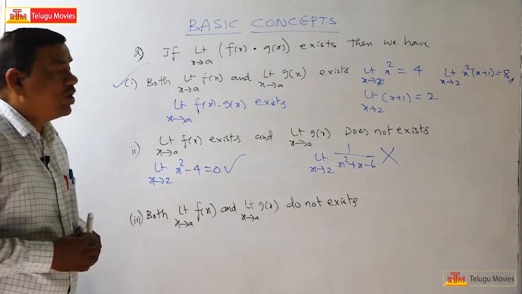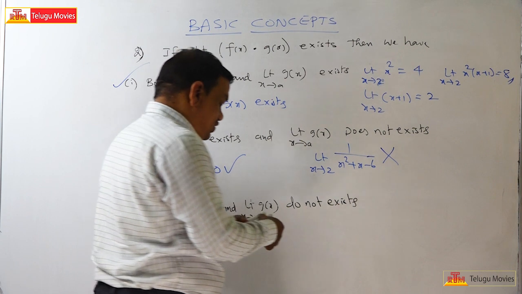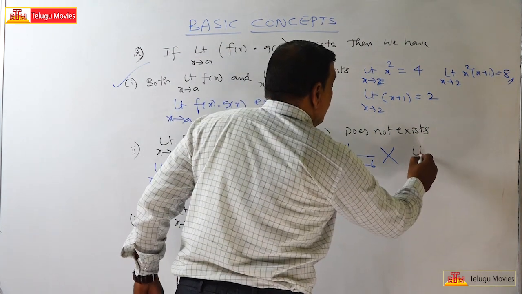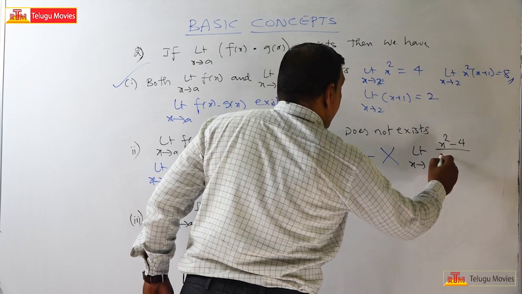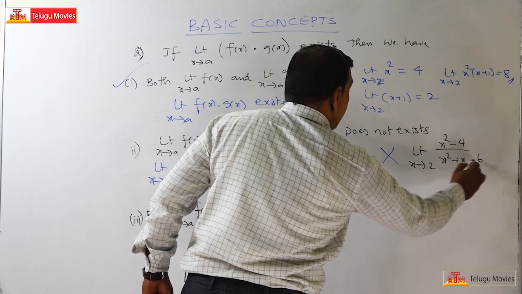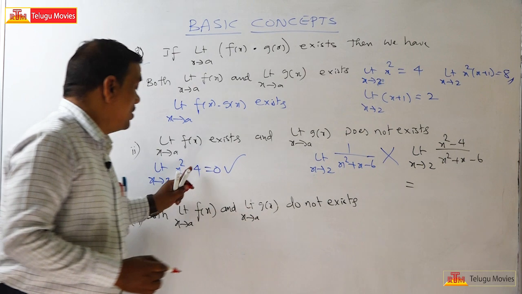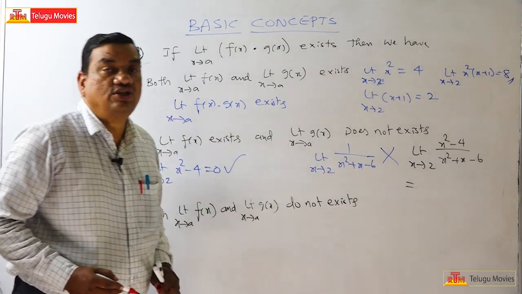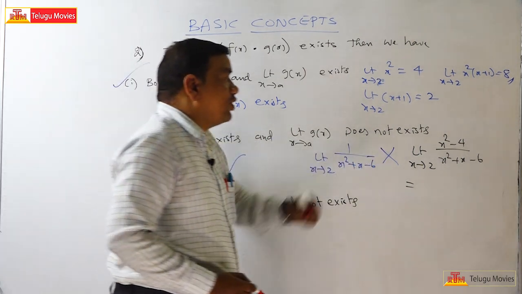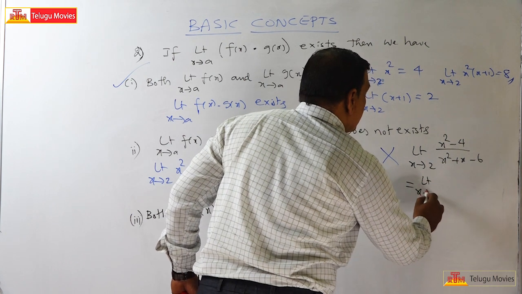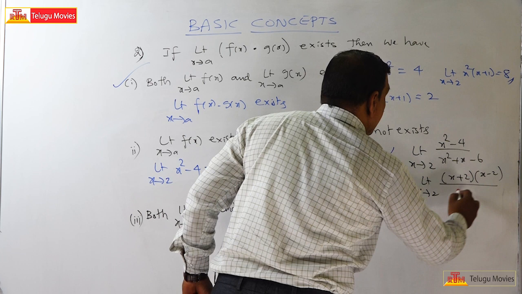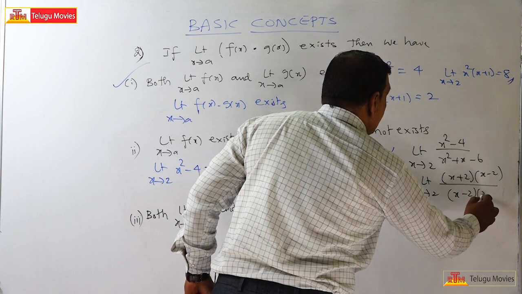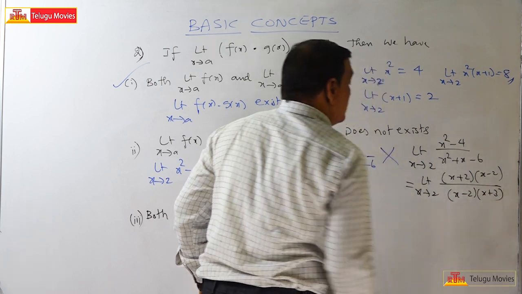Now let us see the product of these two functions. So limit x tends to 2, x square minus 4 by x square plus x minus 6. So this is f of x and this is g of x. Now see the product. This is equal to limit x tends to 2, x plus 2 into x minus 2 by denominator x minus 2 into x plus 3.